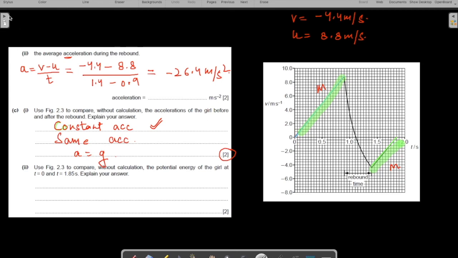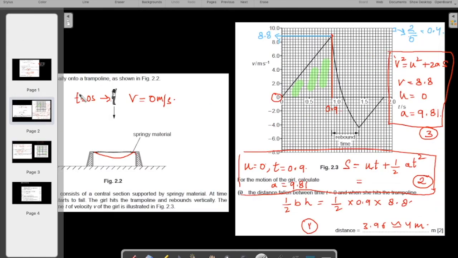At t is equal to 0, we had identified that the girl was at the topmost point. And at t is equal to 1.85, this is the point they are talking about, the girl rebounds and reaches the topmost point. This topmost point, is it the same as the earlier topmost point or lower than the earlier topmost point? You have to find out.